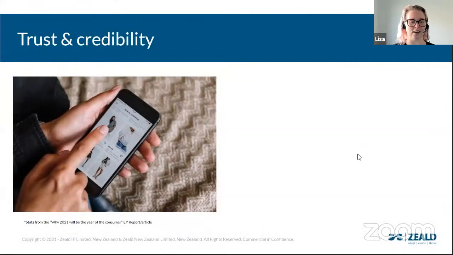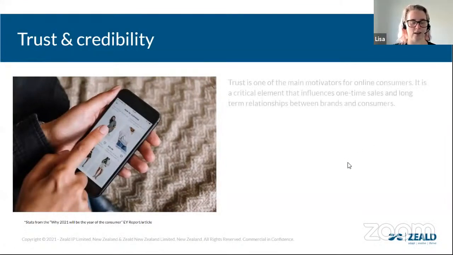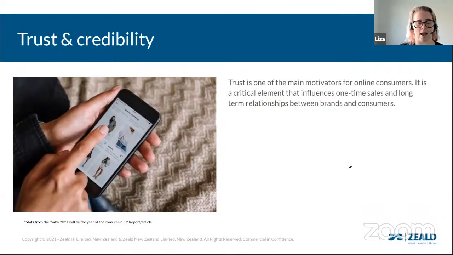So, trust and credibility. We have some stats this year from the Ernst & Young report. Trust is one of the main motivators for online consumers.